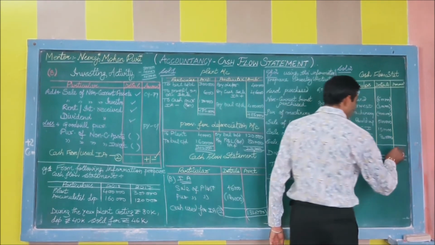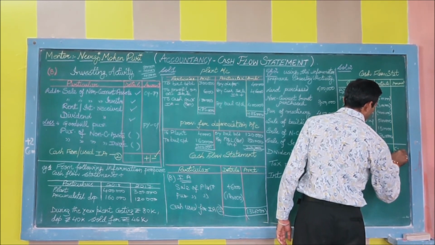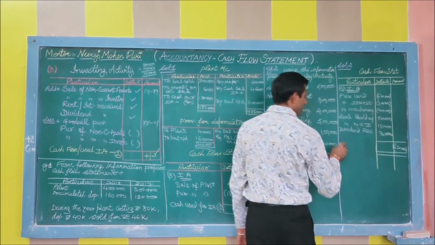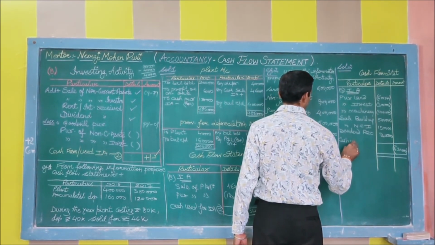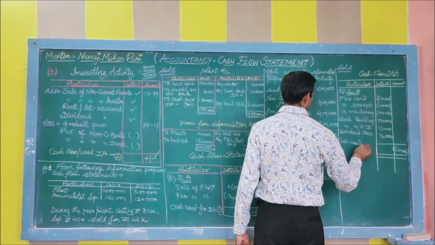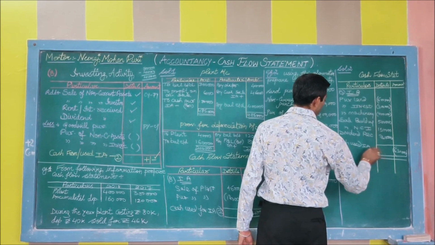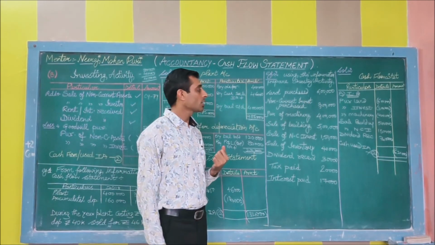So we will be writing here 6 lakh 20,000 as negative value, and you all know very well negative item means cash used. So it will be written cash used for investing activity. Do not forget to label it as equation number 2 because this is second part of cash flow.